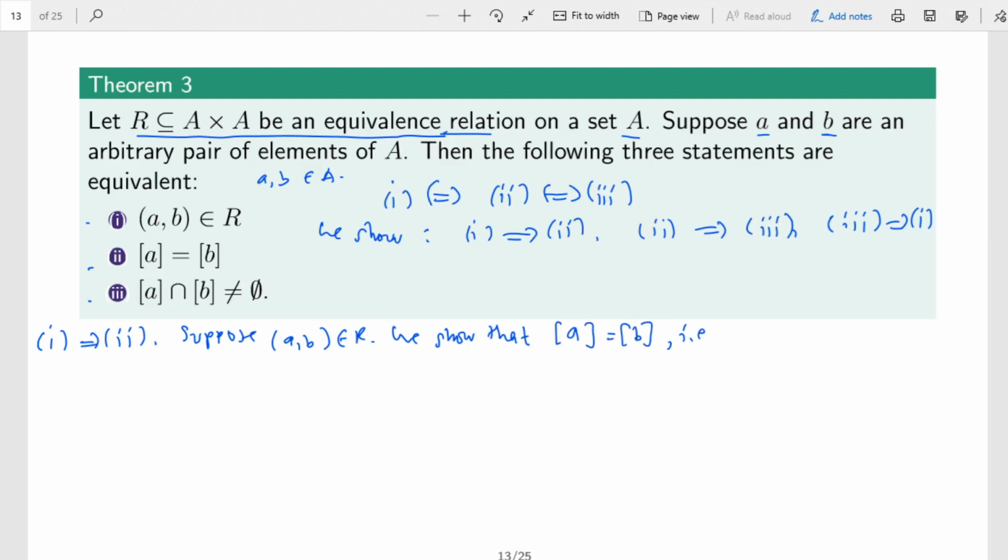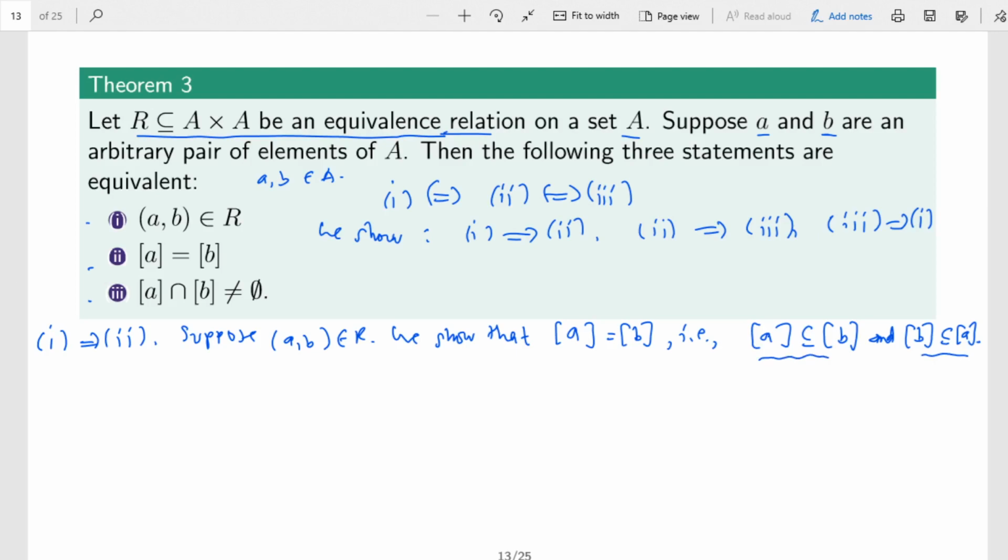That is, of course, we need that the equivalence class of a is a subset of the equivalence class of b, and the equivalence class of b is a subset of the equivalence class of a. For the first one, we show this, and then after that we show the other.